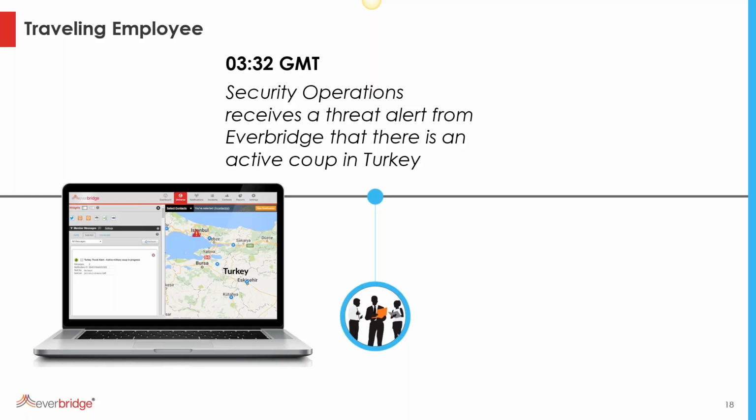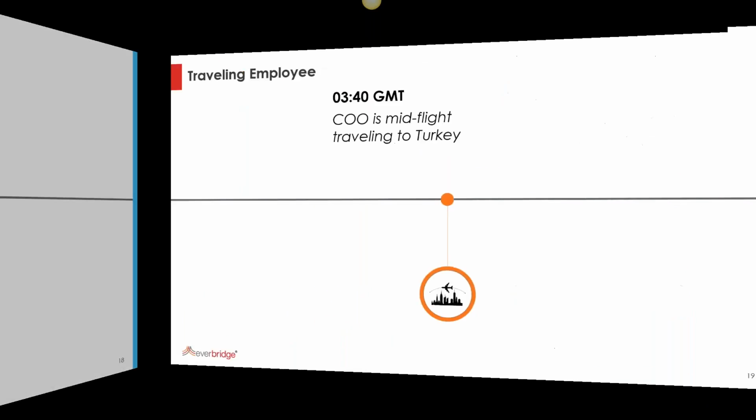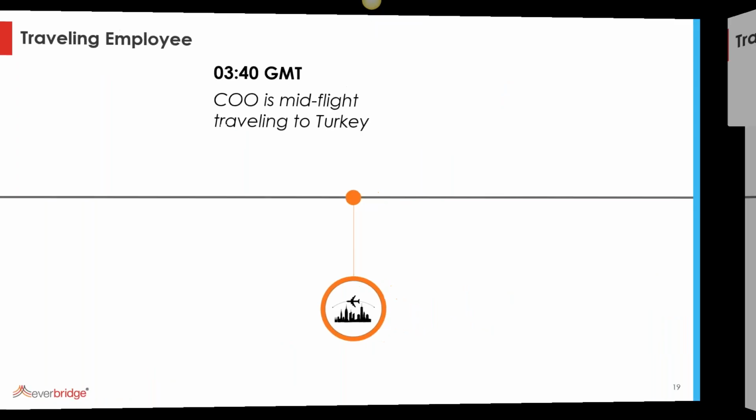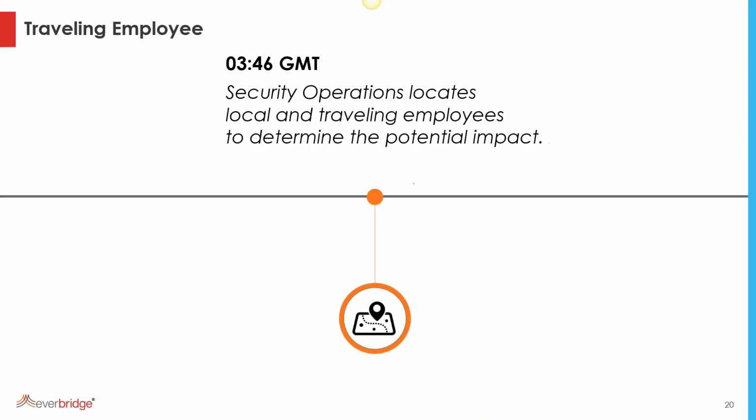The next step is, how do I communicate this out, right? Who is affected? We know that the COO is the executive who is traveling, is mid-flight, and we need to make sure that we are communicating to the people who are going to be affected by this military coup.